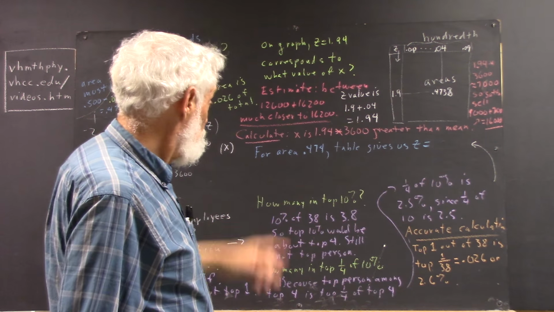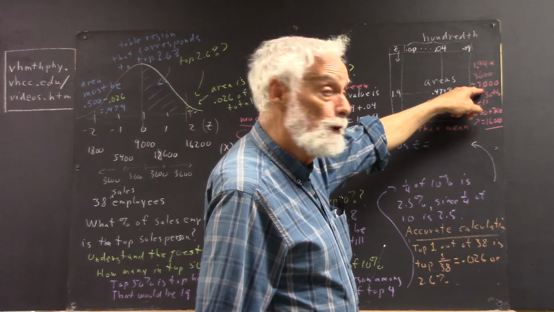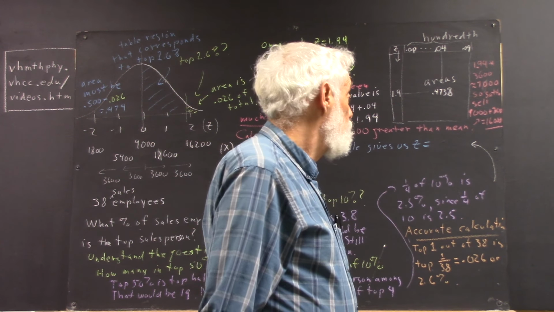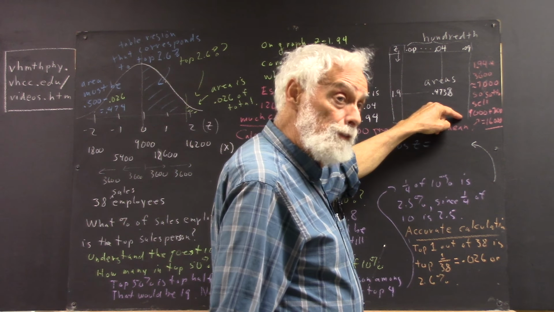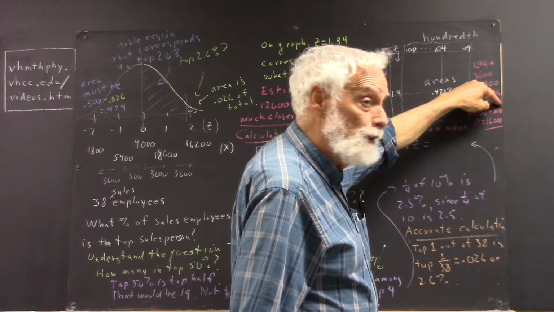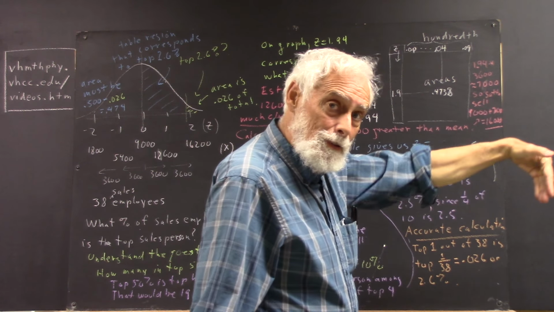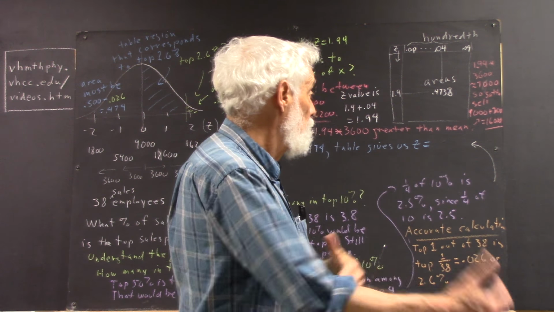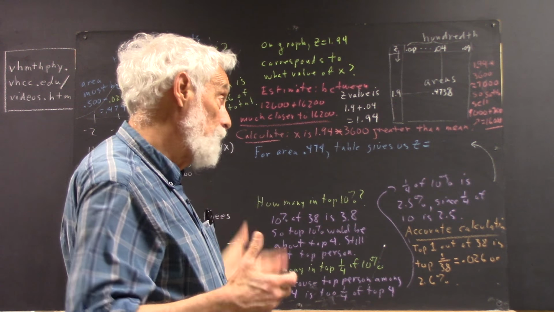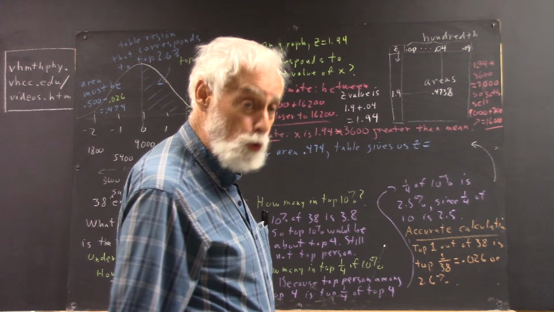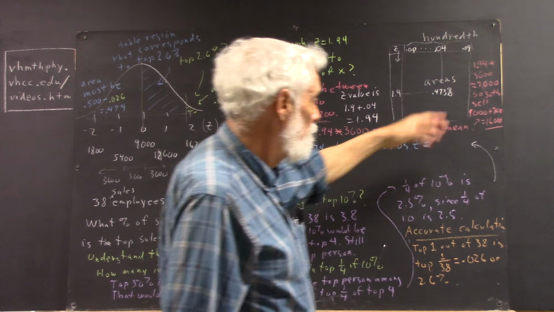Well, 1.94 times 3,600 is pretty close to 7,000, which means that this guy's got to sell the mean, 9,000, plus the 7,000. That's the difference, the X difference from the mean, which is 16,000. And I think this actually comes out 15,984. That's a fairly easy estimate.